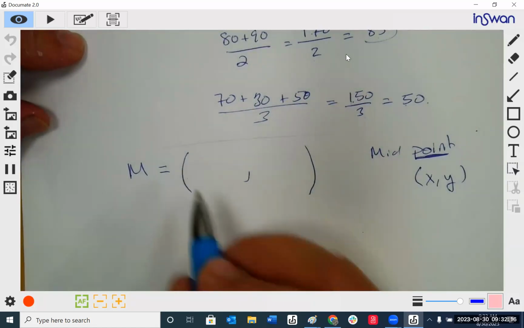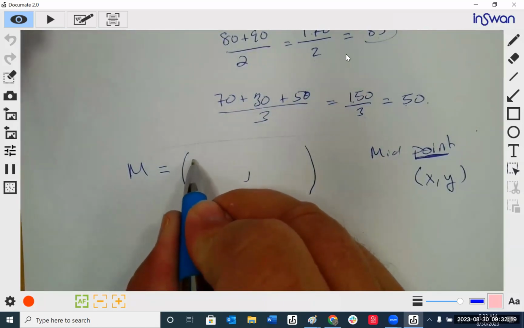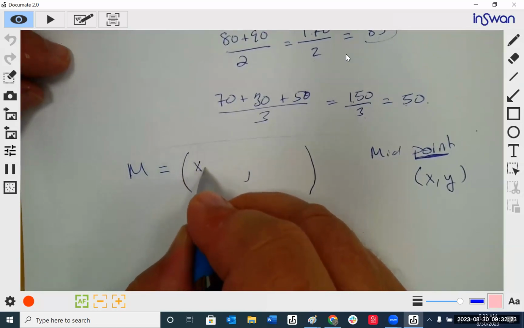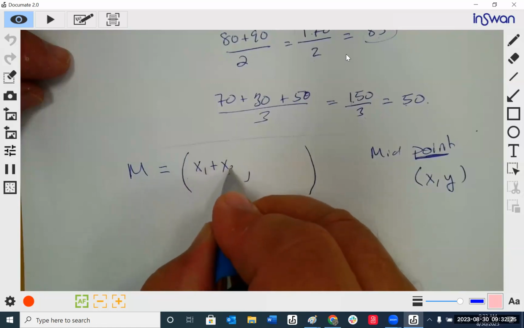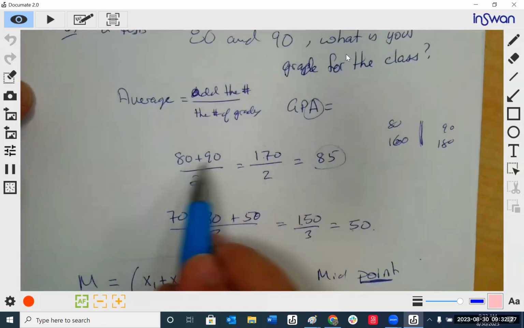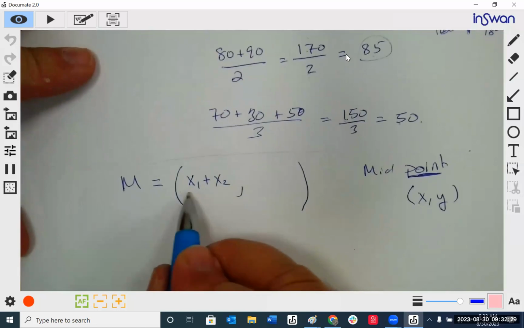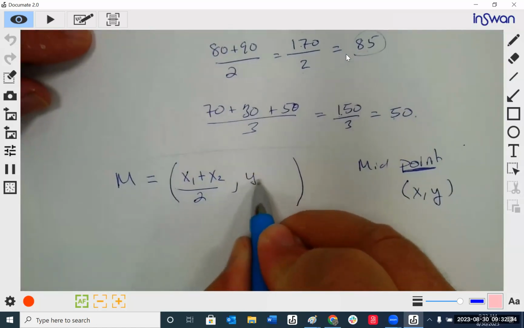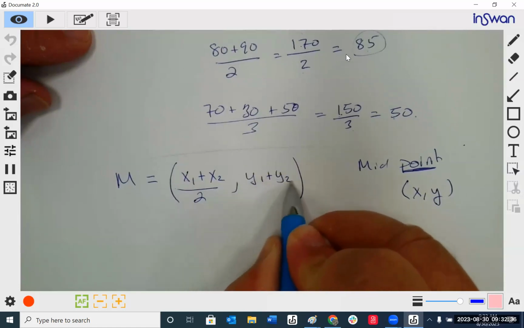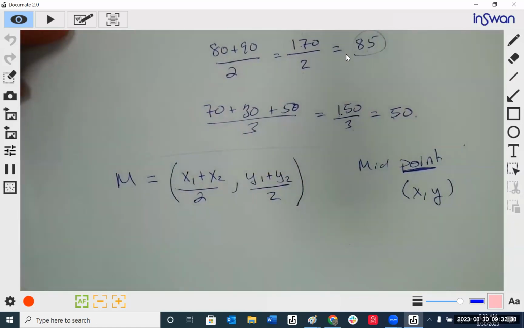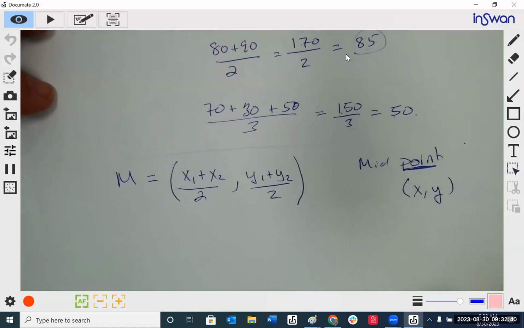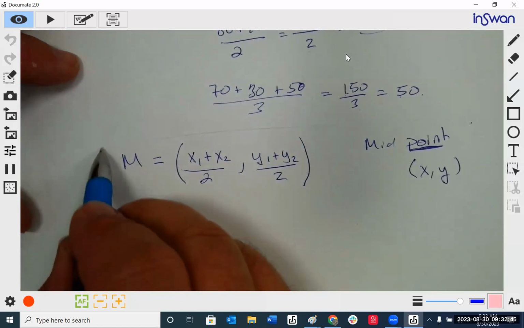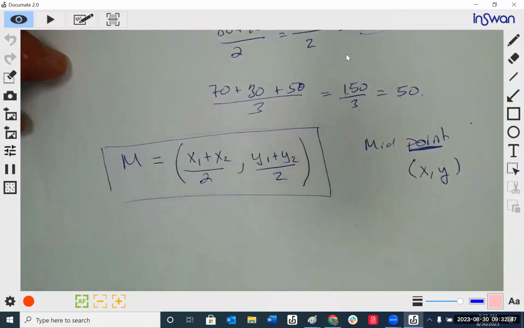How do we find the average of the x's? You have x1 plus x2. Remember, you add the 2 grades and divide by 2. You add the 2 y grades, and there's your midpoint of that graph. There's your midpoint average.